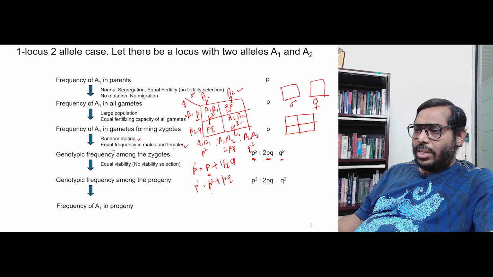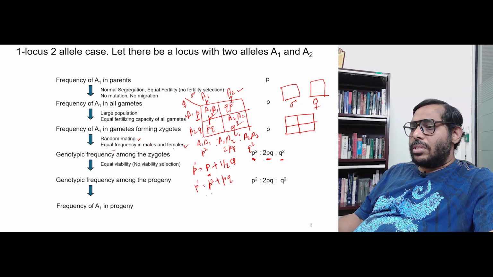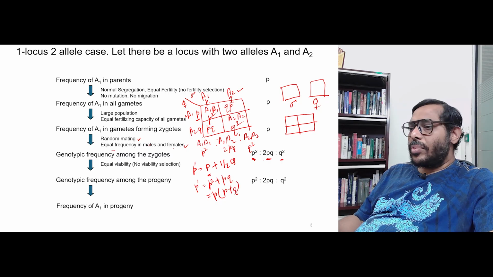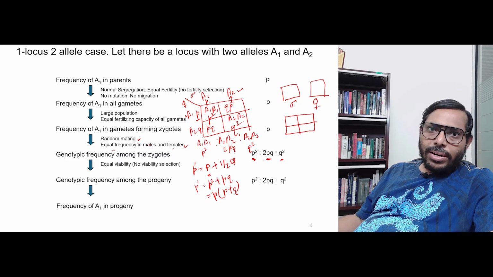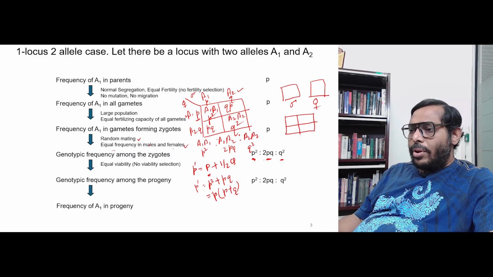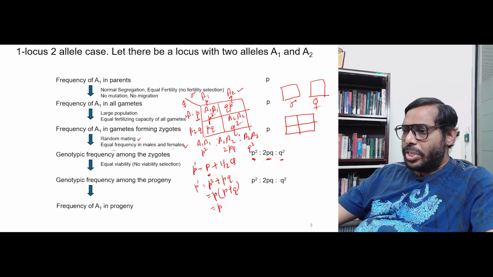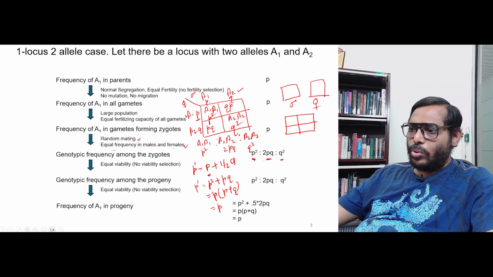Now, you can call this p dash or p prime to show that this is in the progeny generation. So, this p prime is now equal to p, you can take this common, into p plus q, right. But q we already know is 1 minus p. So, p plus q is equal to 1. Therefore, this entire thing becomes equal to p, which is what I am showing you over here.